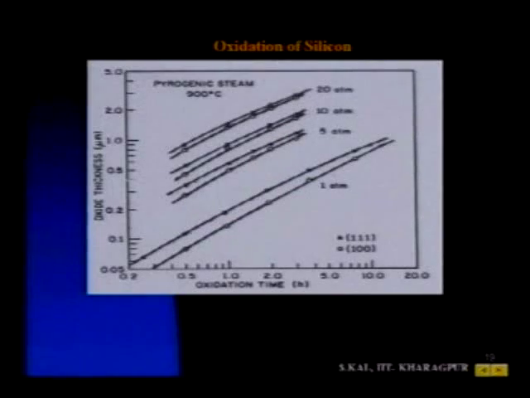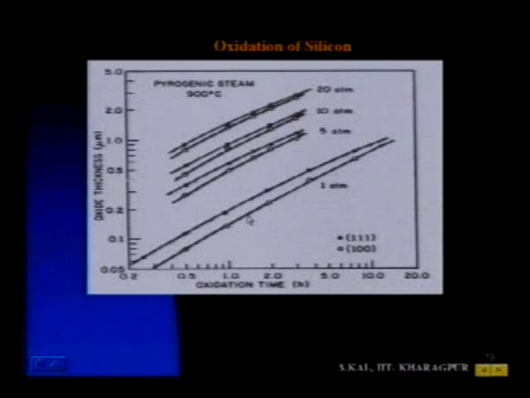And another point to be noted from this result is that in all curves, whether 1 atmosphere or 5 or 10 or 20, the oxide thickness is shown both for 100 orientation substrate and 111 orientation substrate.